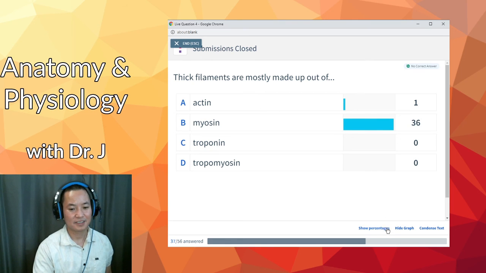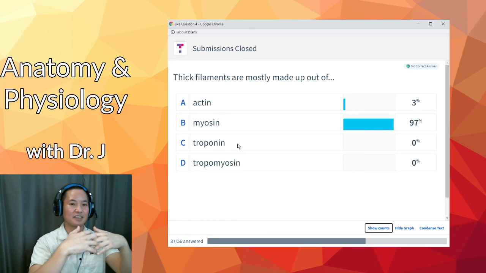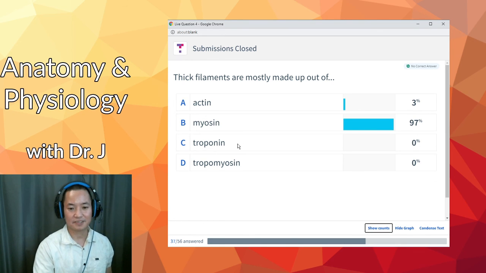So thick filaments are mostly made out of myosin. So remember that mnemonic: my, they are thick. So again, myosin is the primary component of thick filaments, actin the primary component of thin filaments. You also have troponin and tropomyosin. But again, the myosin and actin is what actually causes the contraction of the myofibril.